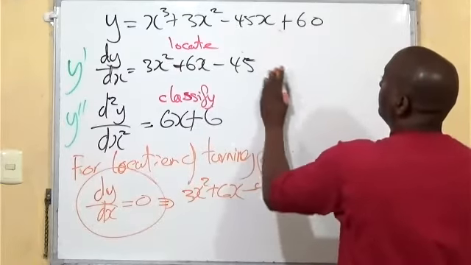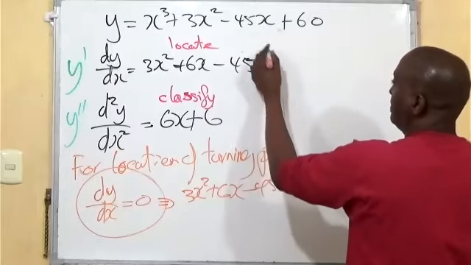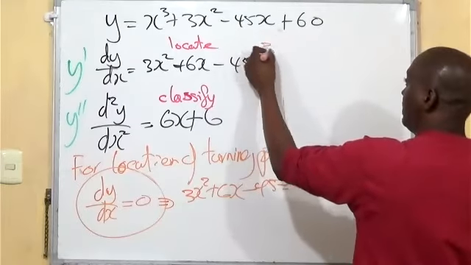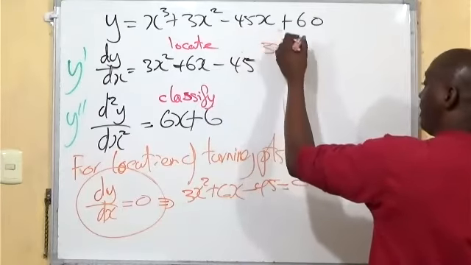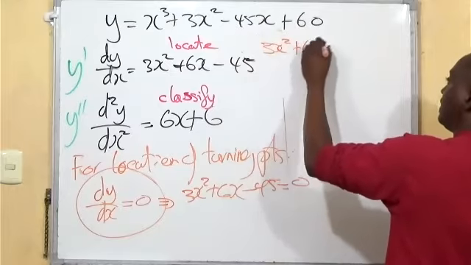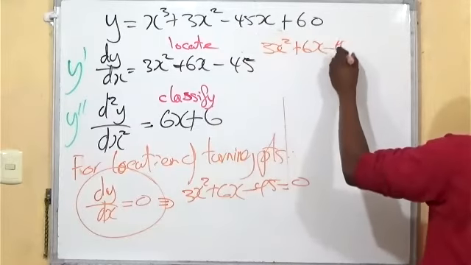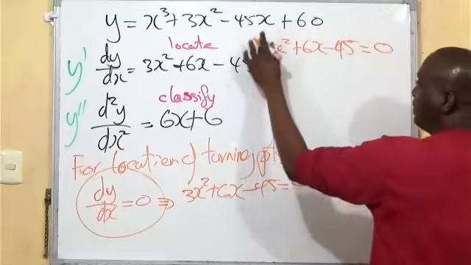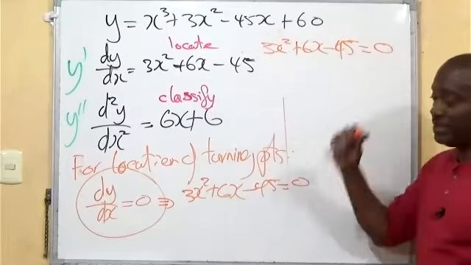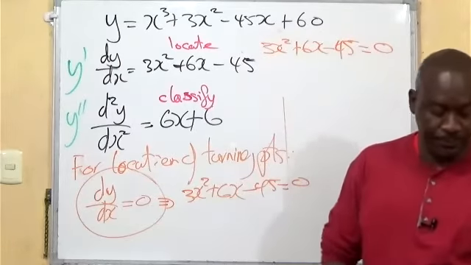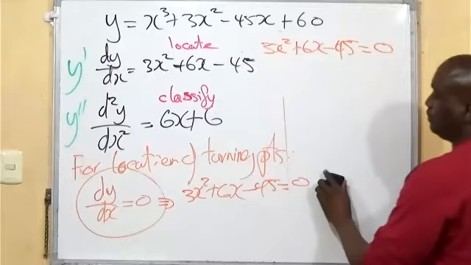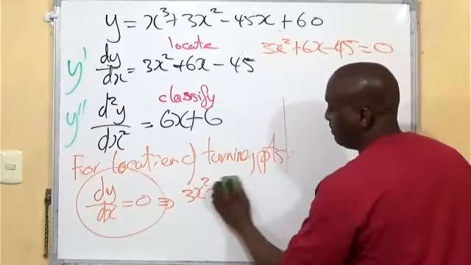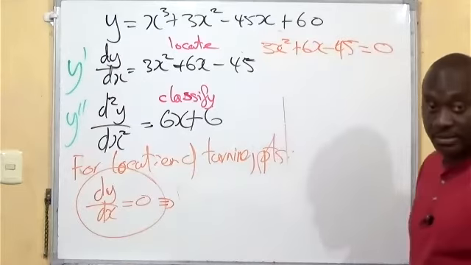Right, so trick question. Let me throw this one to the ladies. I only hear one lady for the night so far. 3x squared plus 6x minus 45 is equal to 0. What's the first thing we do here? In fact, what do you notice about the equation? Ladies, fellas, let me give the girls a chance. Ladies, talk to me.